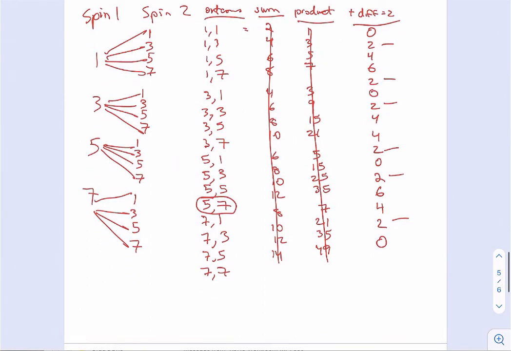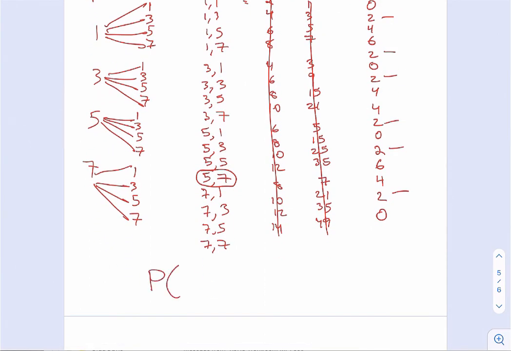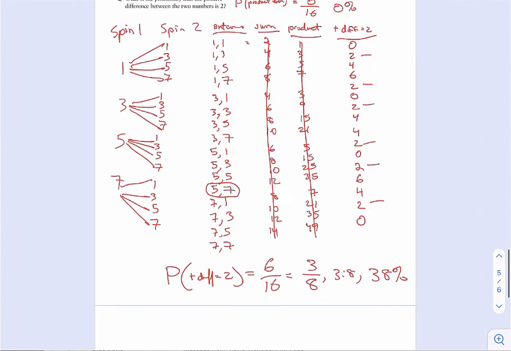So the probability that the positive difference equals 2 is 6 out of 16, which we can reduce by dividing by 2 to 3/8, which is 38% rounded.